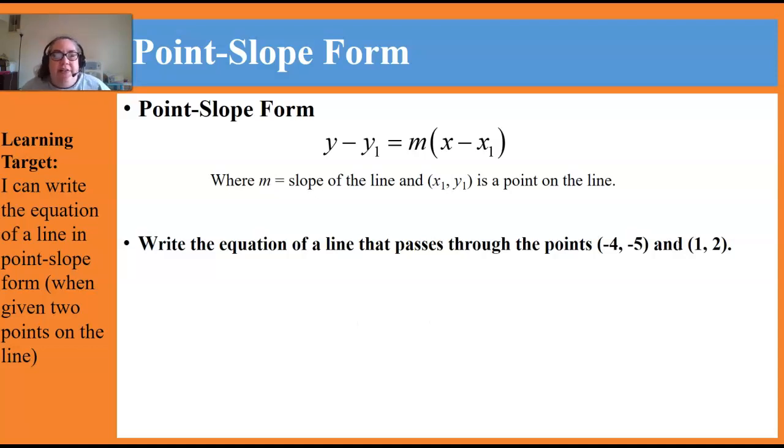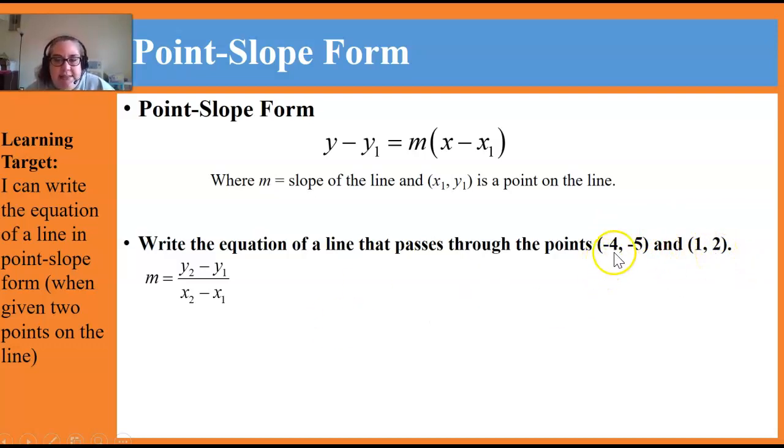Whenever you're writing the equation of any line ever, no matter what form, you need to know the slope. So what I'm going to do is use the slope formula. m equals y2 minus y1 over x2 minus x1. So we want the difference of the y's over the difference of the x's. Usually I just refer to the first point as point 1, and the second point as point 2.